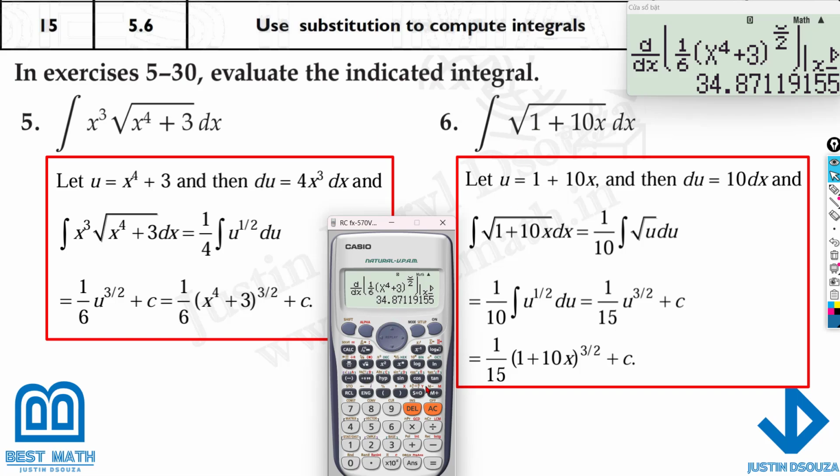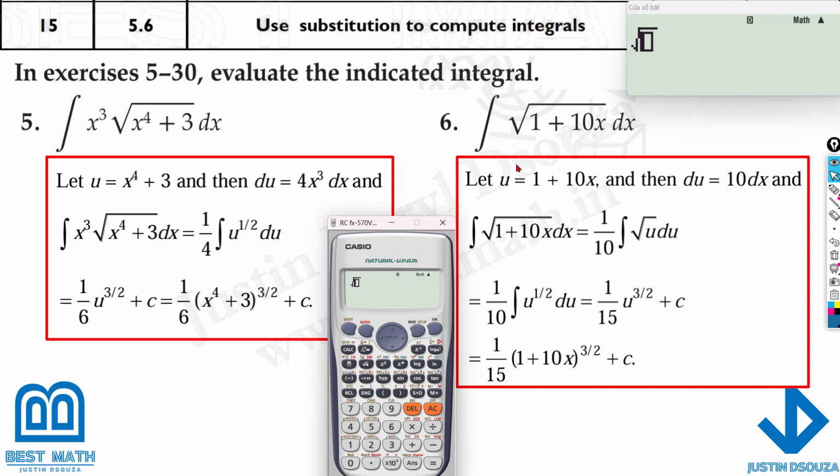Same thing can be done over here. Use this integral 1 plus 10x, calculated at 2. It's 4.58. Now I will derive this: 1 by 15 times 1 plus 10x, close the bracket, raised to the power 3 by 2 at x is equal to 2.